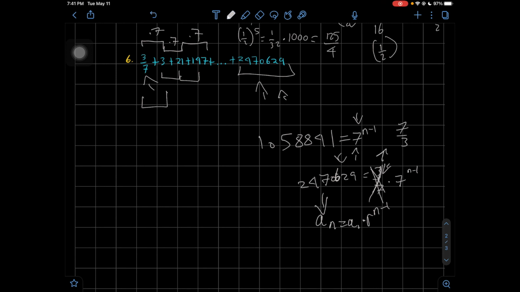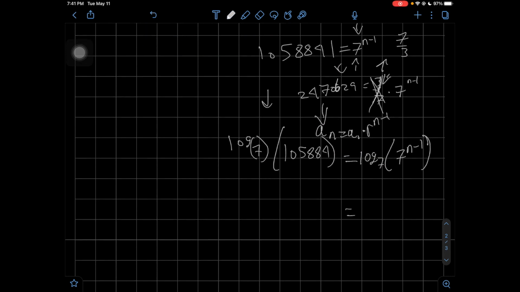Now, in order to get rid of this base, because it has an exponent, it's called a base, we're going to take the log. So we take log base 7, because that's the number we're eliminating. Log base 7 of 1058841, and we do the same thing on our right side, equals log base 7 of 7 to the power of n minus 1.